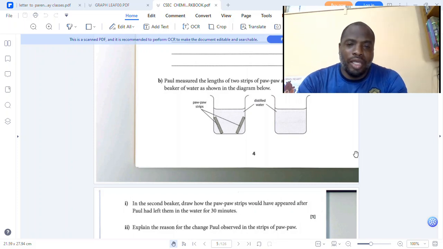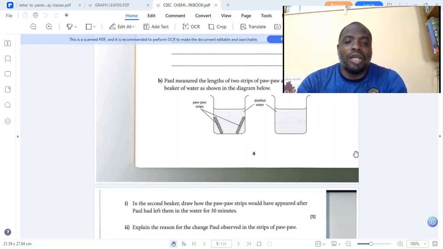Put your comment in the comment section. What do you expect them to look like? Pause the video. So if you said that these strips should increase in size, so in the beaker to your right, if you're drawing the papaya strips, you should draw them larger.